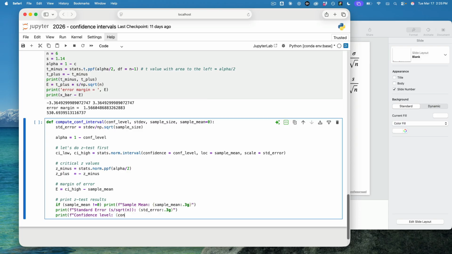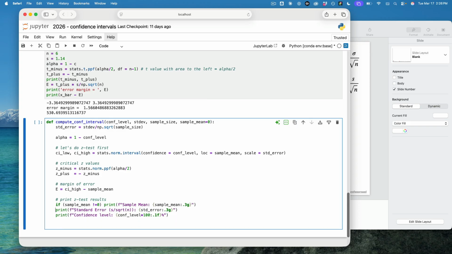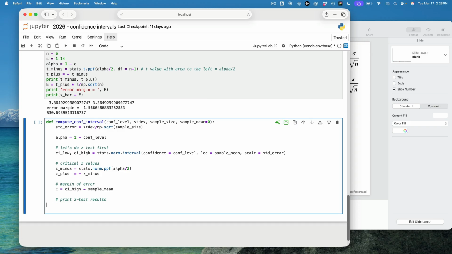Confidence level, and this is the conf level times 100. So that's the percentage. Conf level times 100, and we'll just do one significant figure, and I'm going to put a percentage here. Okay, and I need to close this before that. Okay, so these are not related to the z-stats, honestly, so I'm just going to put them up here.